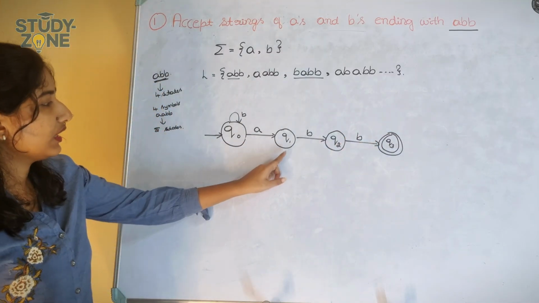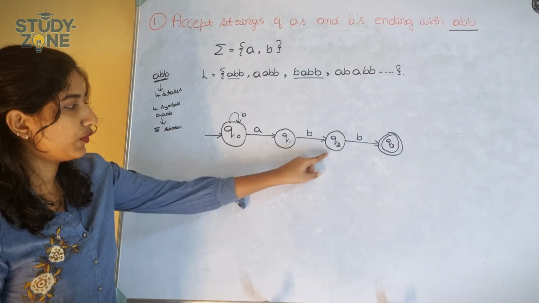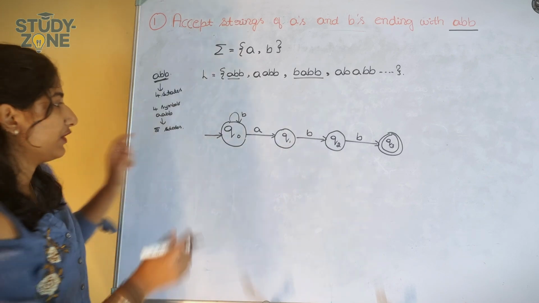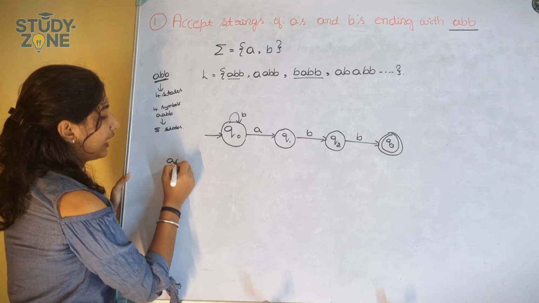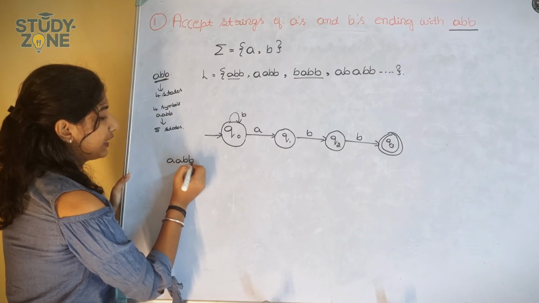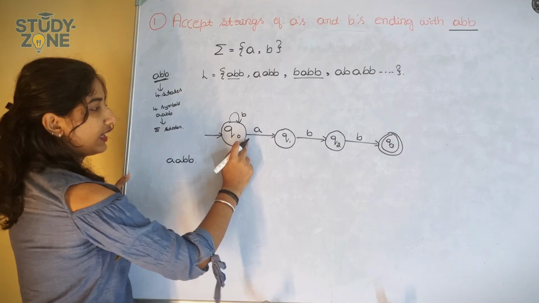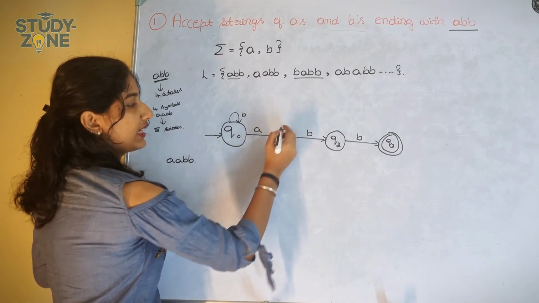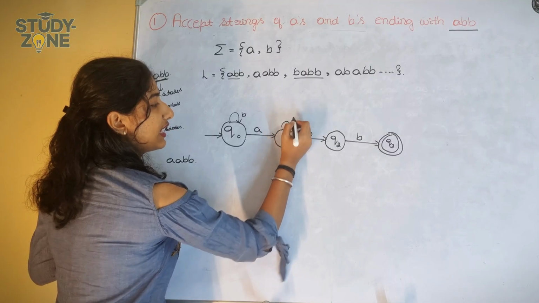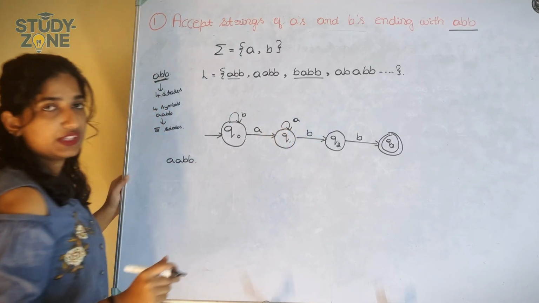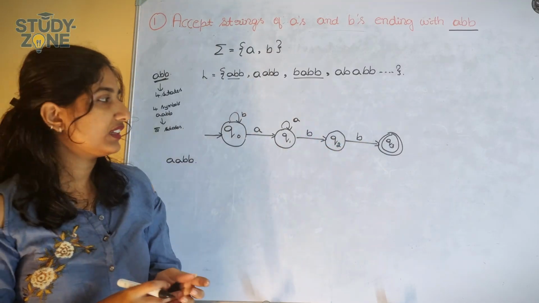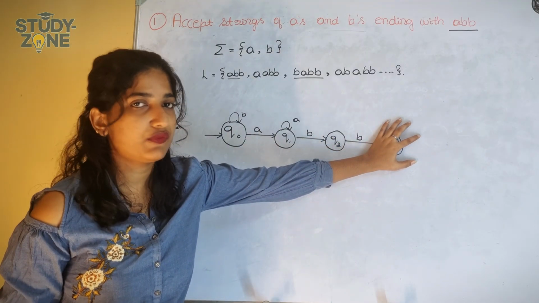Here, if it gets B, it is moving to the next state. What will happen if it gets A here? If we get A, it moves from here to here. But if I get A in Q1, it should stay in state Q1 only. Why? Because we need a string ending with A, B, B, which means at the end the string should be in the final state.